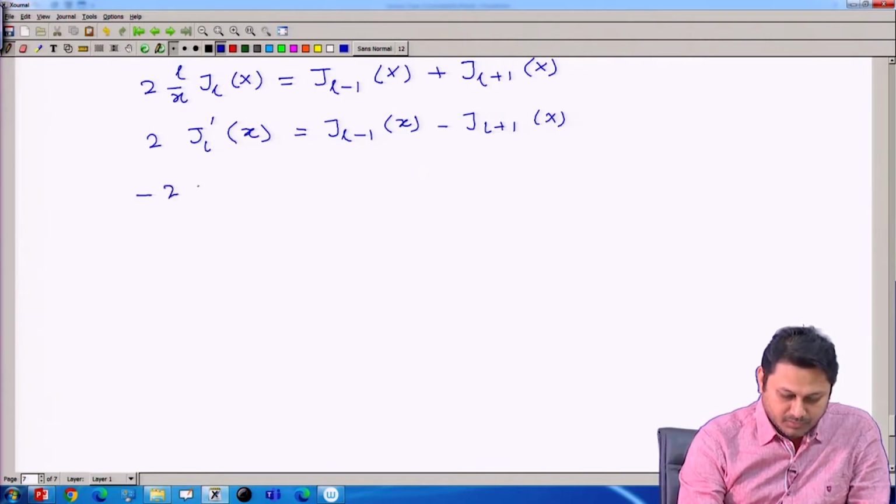Also for modified Bessel functions I have an identity like this.